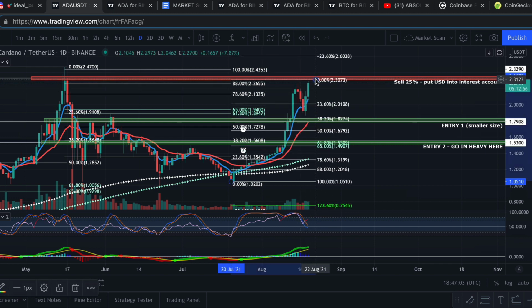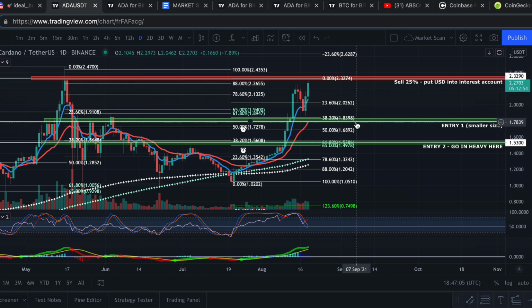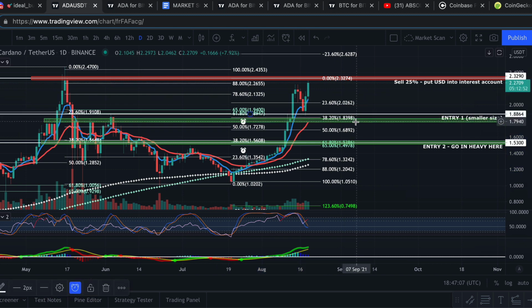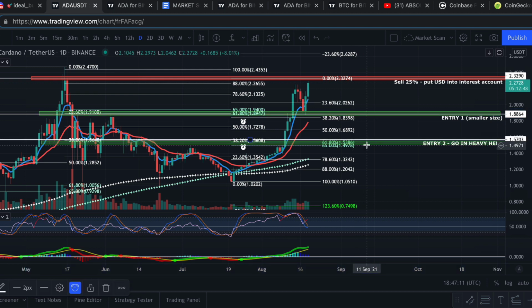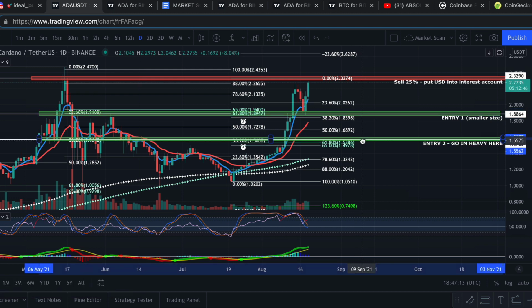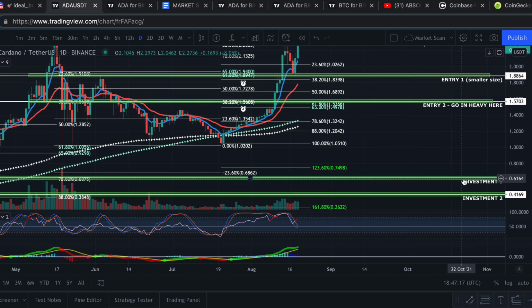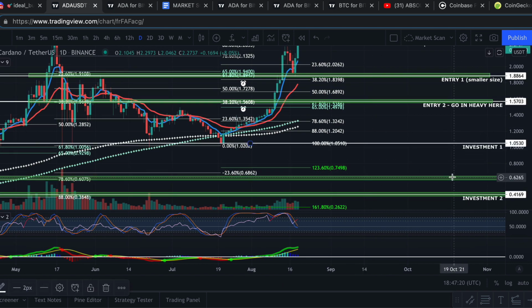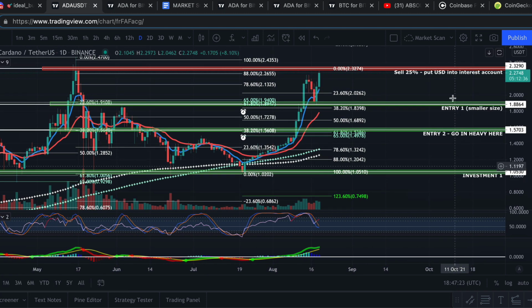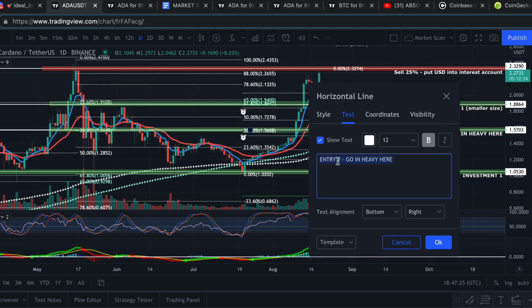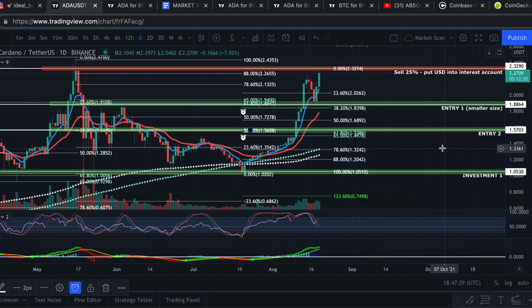Let's see if it comes up here. Then these will be my new entries right here and here. But for my investment portfolio, I only go in when it hits really good prices. So these are my three zones of interest for my investment portfolio.